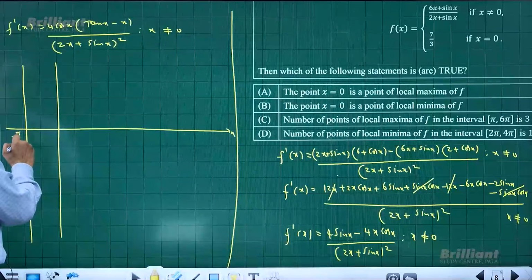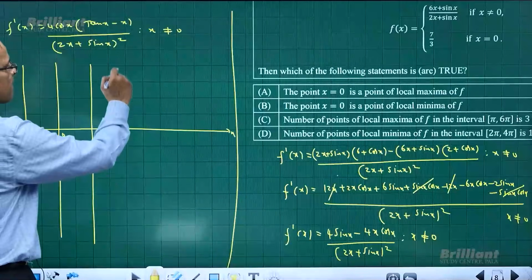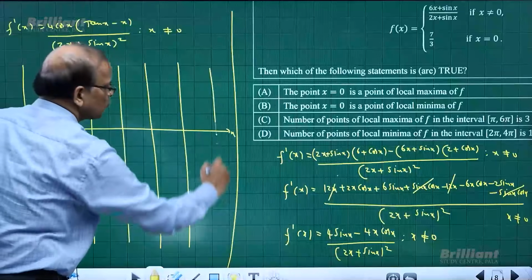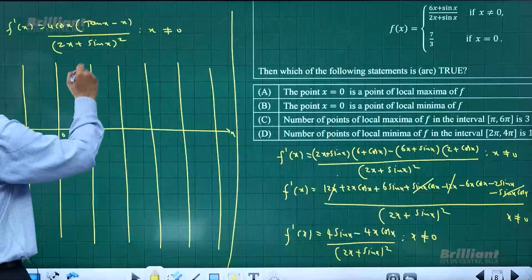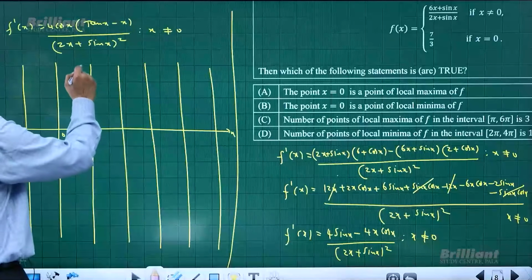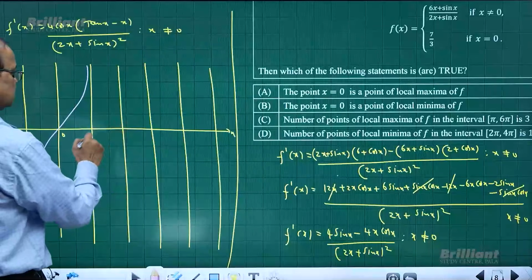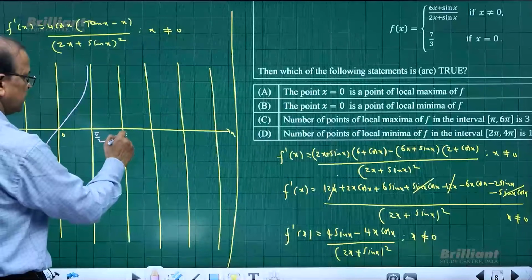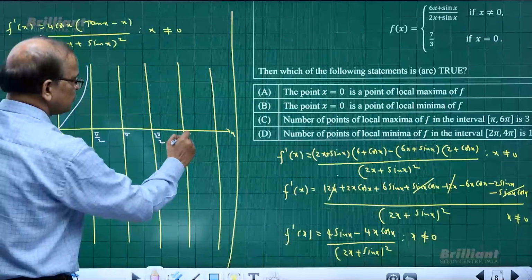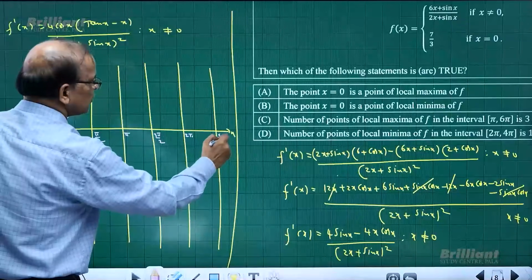This is minus pi by 2, 0, so this is a tan graph, right, like this, and this is pi by 2, pi, 3 pi by 2, 2 pi, 5 pi by 2, and so on.